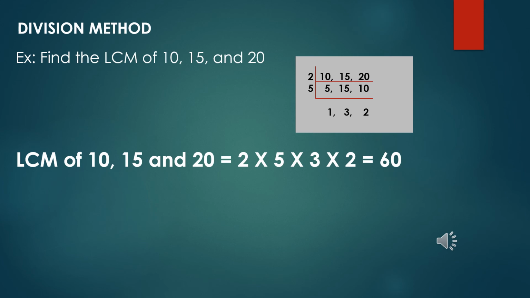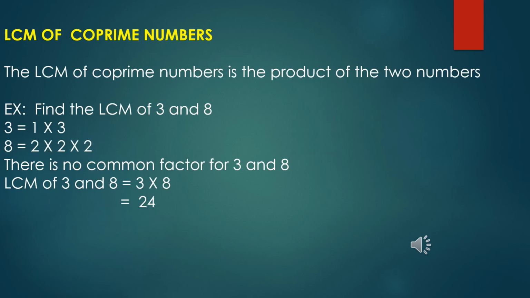Keep dividing by prime numbers until the last row has prime numbers only without any common factor. Then multiply all divisors and all the numbers left in the last row. That gives the LCM.